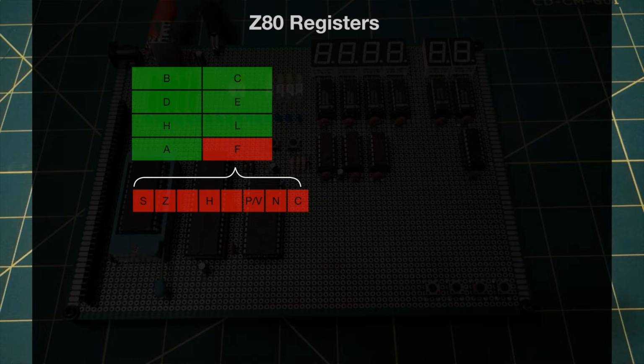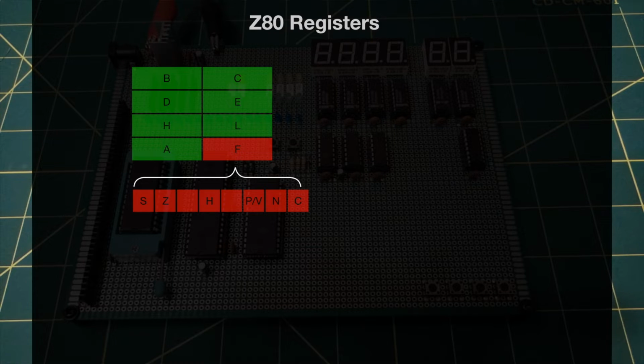C is the carry flag. I believe H is the half carry. PV I think is parity/overflow. S is the sign bit, if it's a positive or negative number, and I think N is something to do with whether the operation was an addition or a subtraction.